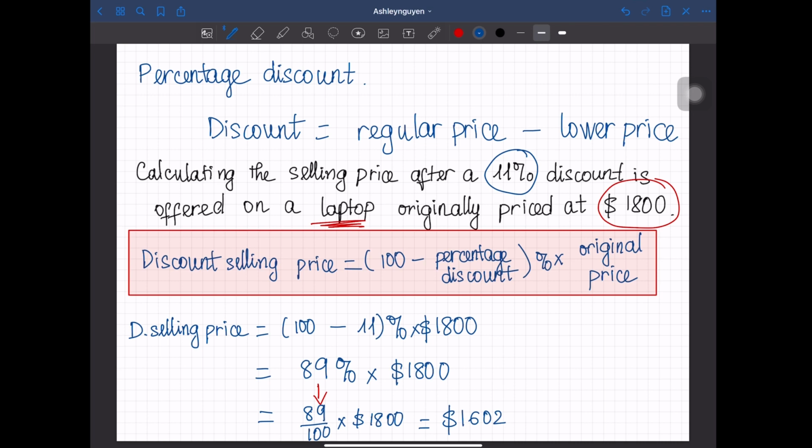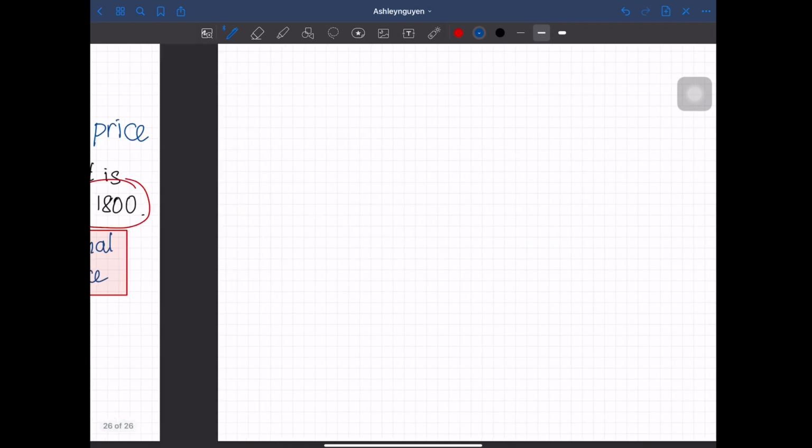That's my example, and before, I gave you 4 questions on calculating percentage of an amount. Now I will give you 3 more questions on calculating the selling price from a percentage discount. So together we have 7 questions altogether.